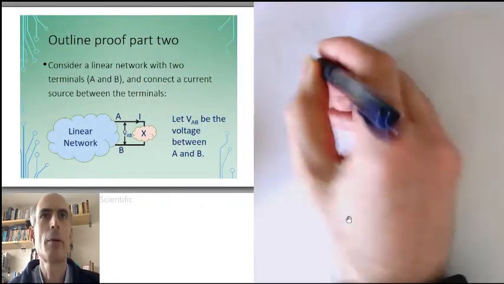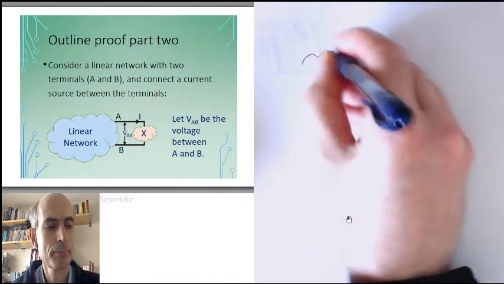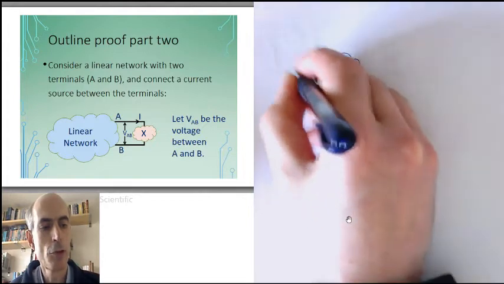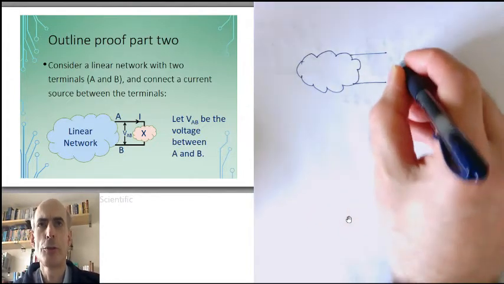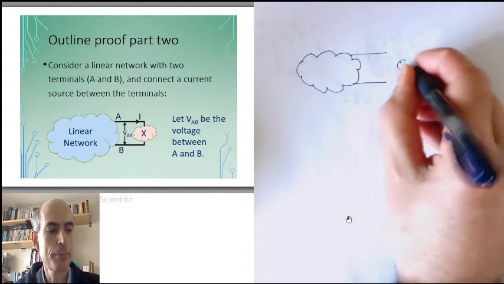Let's consider our linear network here with two terminals, and we're going to put across those terminals a current source.